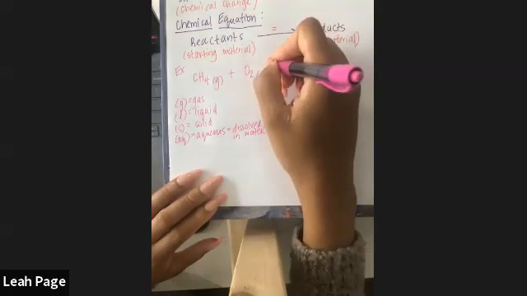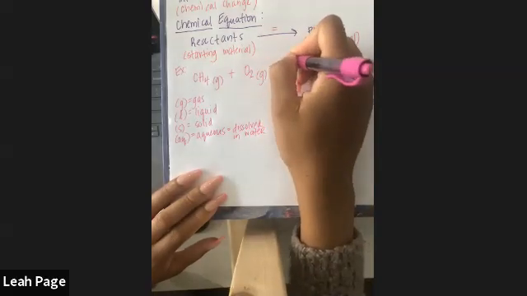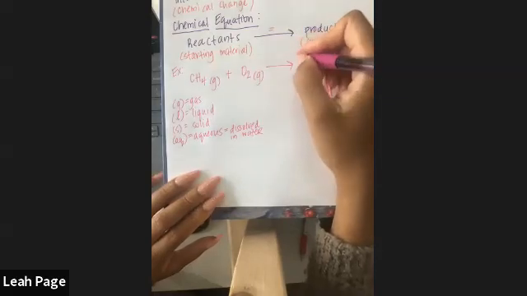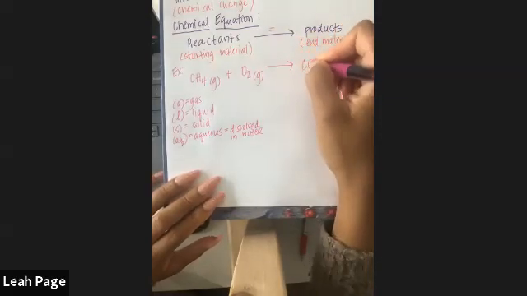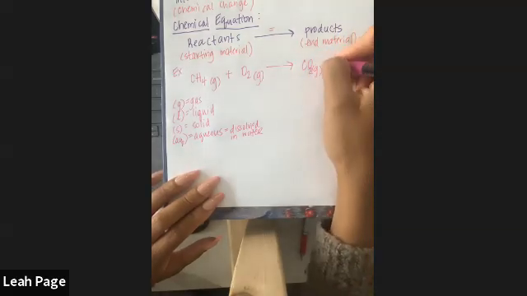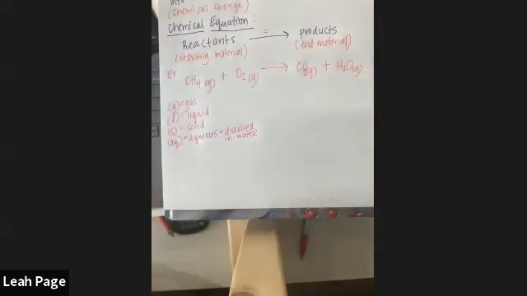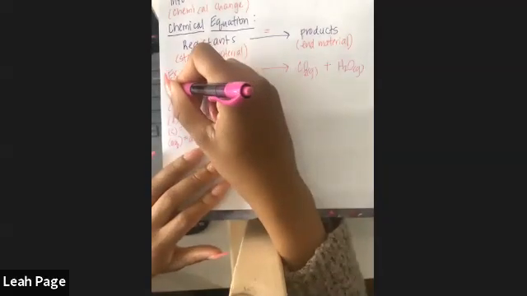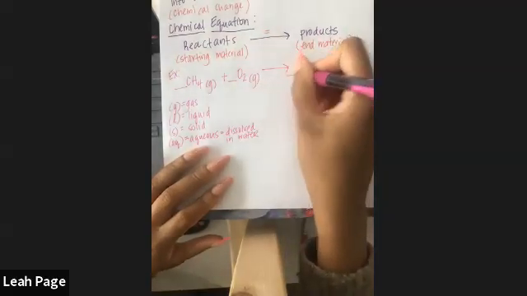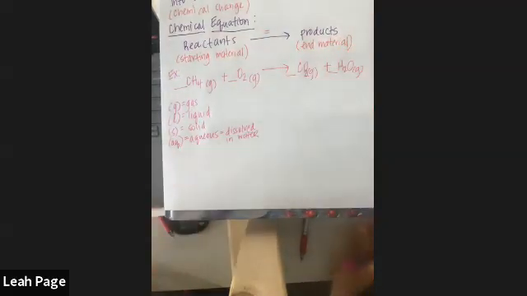So oxygen gas and methane react together, and with some energy, they form carbon dioxide, CO2 with subscript G, plus water vapor, H2O, and it's a gas as well. So I'm saying water vapor and not liquid water. So this is a chemical equation that expresses the reaction of methane gas in the presence of oxygen gas.